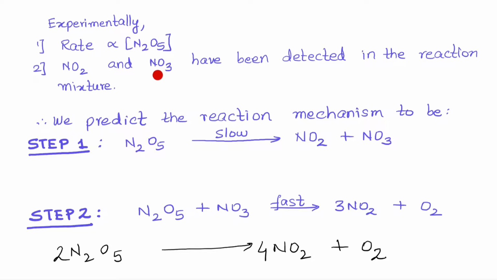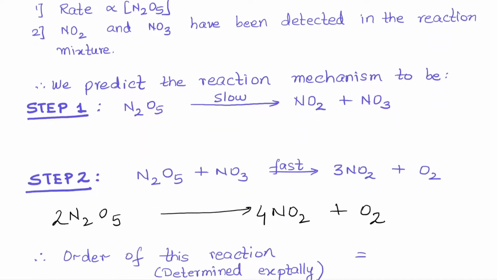So how do we explain the formation of the products in this reaction, considering that our final reaction shows participation of 2N2O5 giving us 4NO2 and O2, but there is no NO3 in our products, right? That means NO3 is some intermediate which is being formed. So we have this mechanism given in order to explain the formation of the products for this particular reaction.